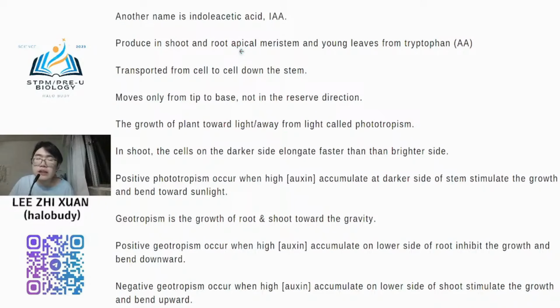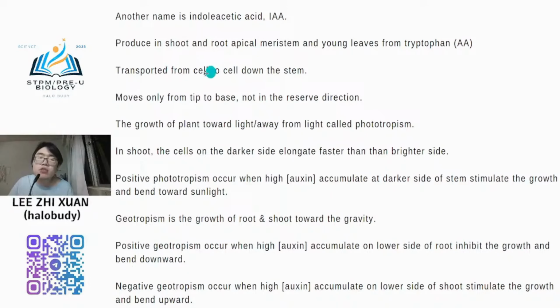If you still remember from biology semester 1, meristematic tissue is located at the bud of the shoot or root. So auxin will be secreted there, and there is no other specific location, only the apical meristematic cells.